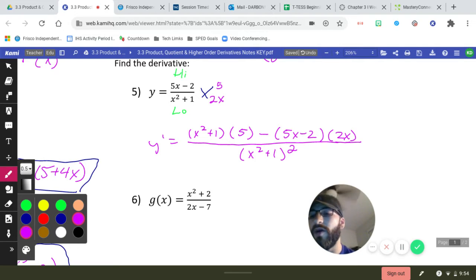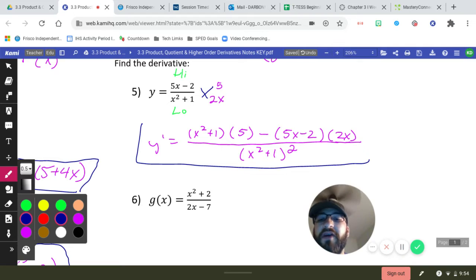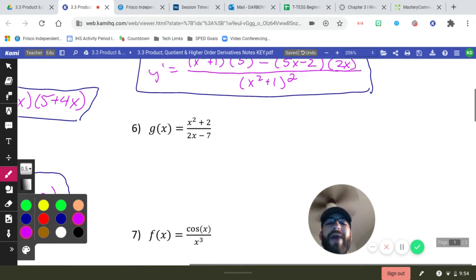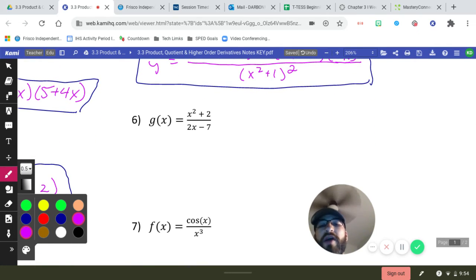Hey, let's keep going. So same as last time, kind of very similar structure to our product rule, but we just have to be a little more precise because order matters this time. So we have x squared plus 2 and 2x minus 7, so low is on the bottom, or la. High is on the top. So x squared plus 2's derivative would become 2x. 2x minus 7 would be just 2.